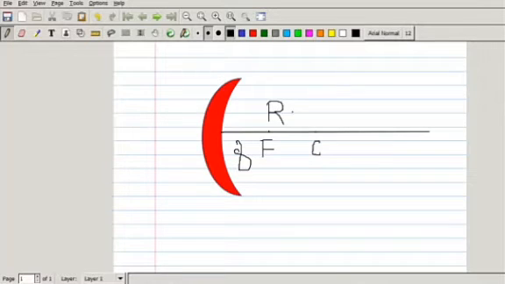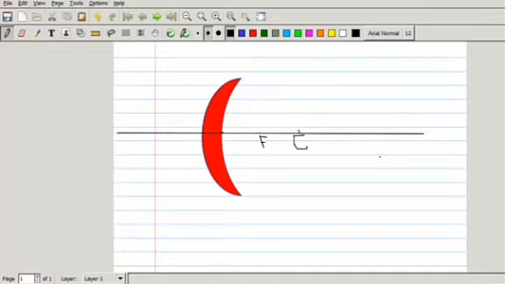This radius of curvature will be equal to 2 times focal length. That means this distance and this distance will always be equal. Pole is denoted by the symbol P, and these two distances are always equal.